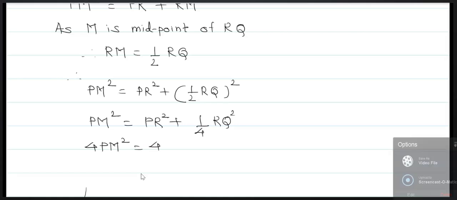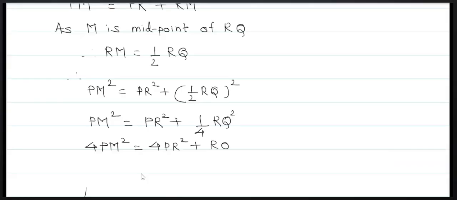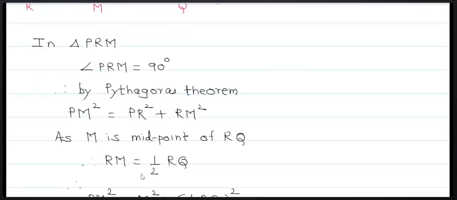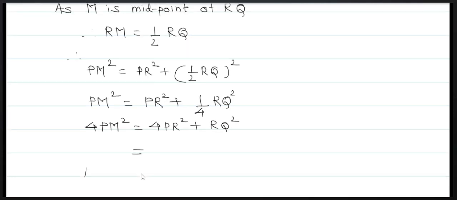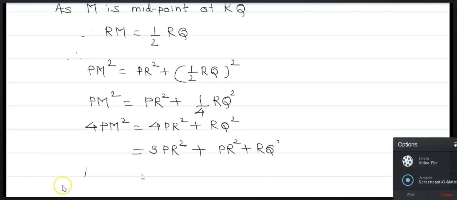Therefore multiply on both sides by 4, that is 4 PM square is equals to 4 PR square plus RQ square. Here we can write the 4 PR square as 3 PR square plus PR square plus RQ square. But what is PR square plus RQ square?